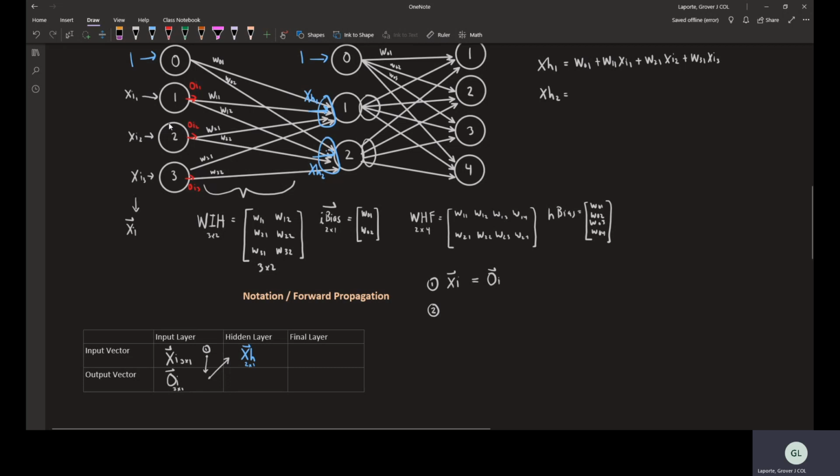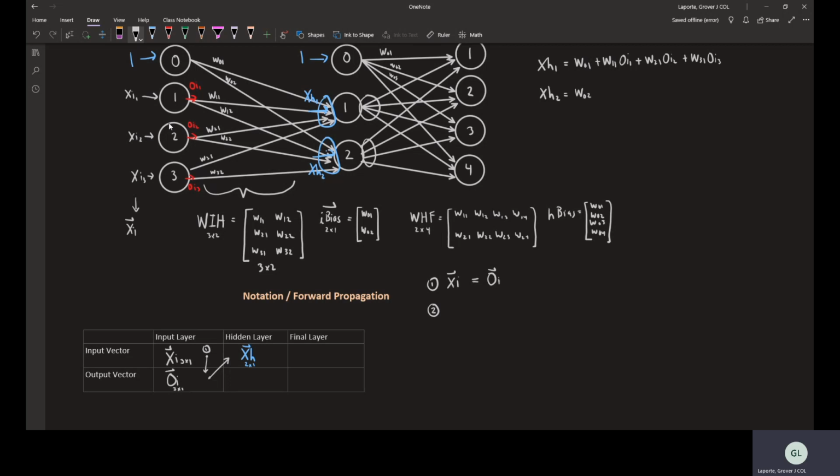Matter of fact, let's go ahead and get rid of all these. So while we do this, this would be OI1, OI2, OI3. I mean, they're the same in this step, but they're not going to be the same when we get to the next step. So that's why I want to make sure we do it correctly.